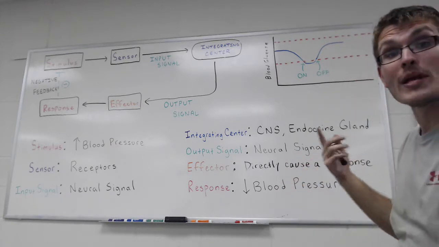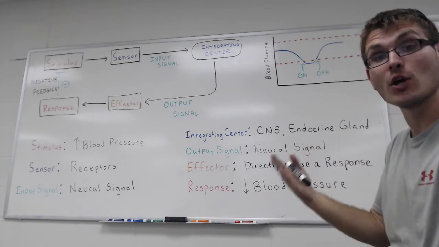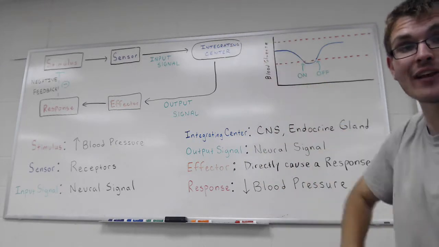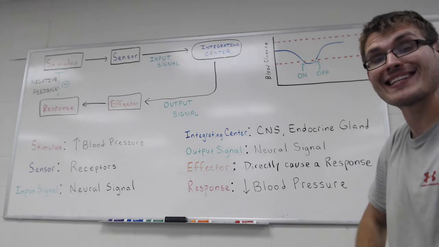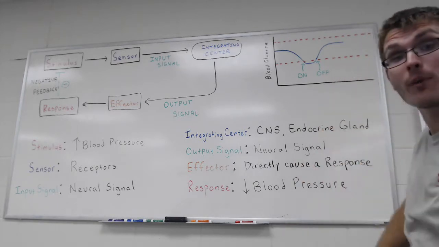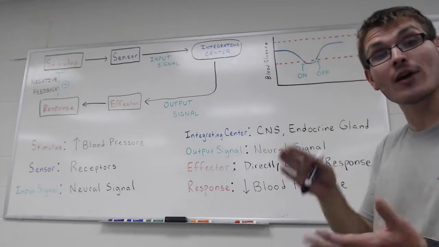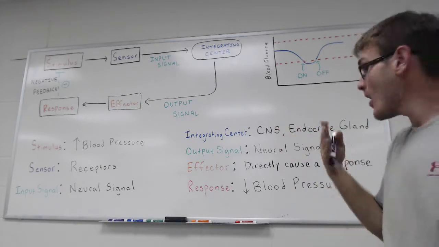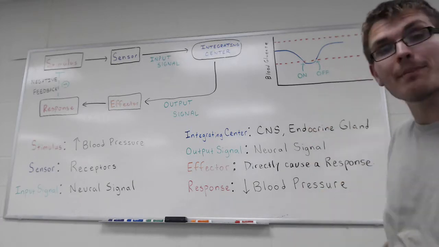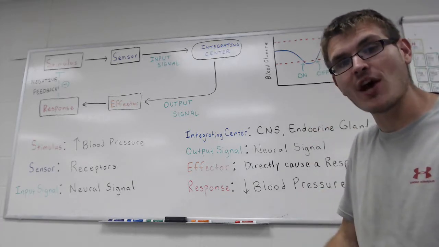But like I said, we don't want that loop to stay on forever, because that's going to increase and increase the blood glucose until it gets too high. So you can see that once we restore blood glucose back to our desired threshold, the whole mechanism will shut itself off and we will get blood glucose back to where it needs to go.